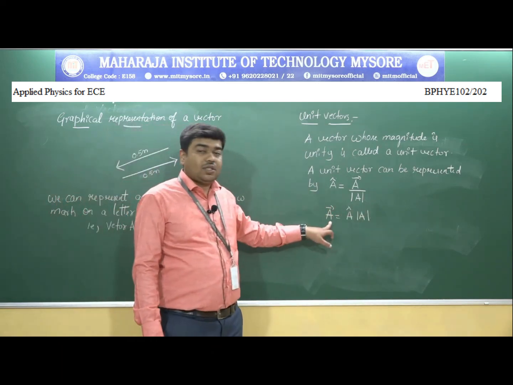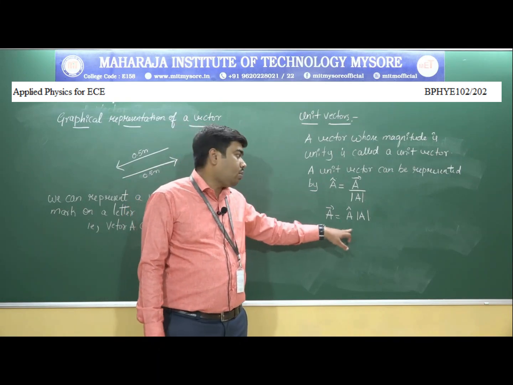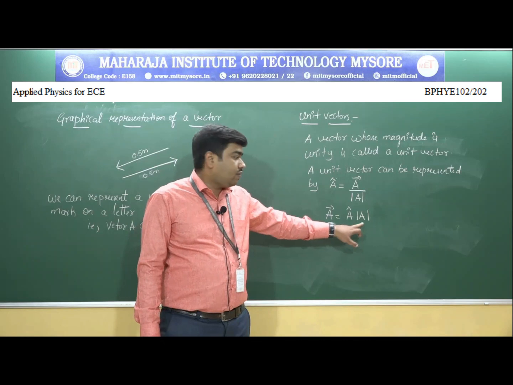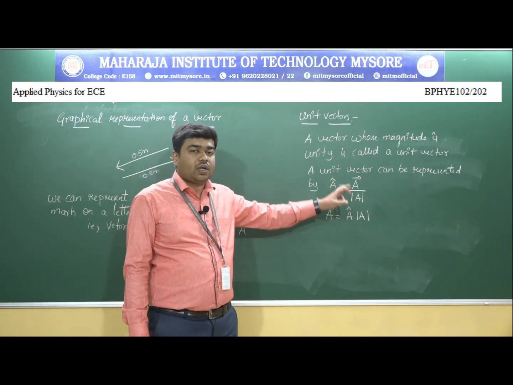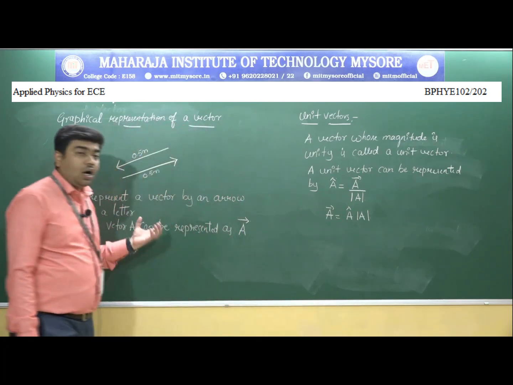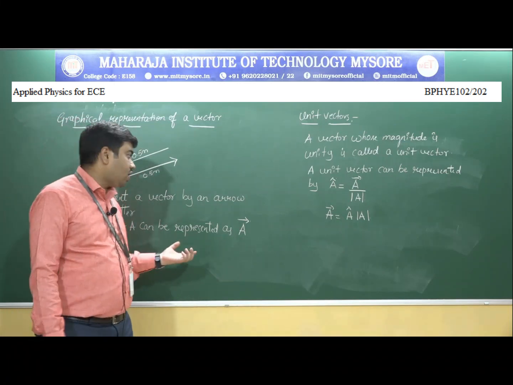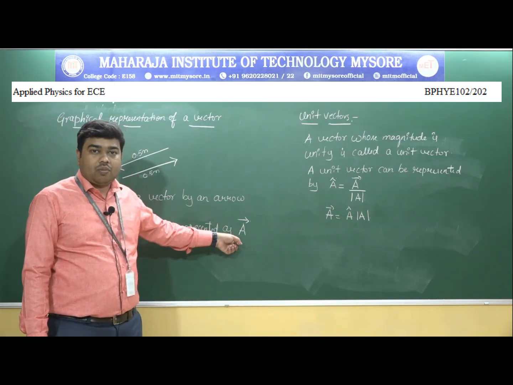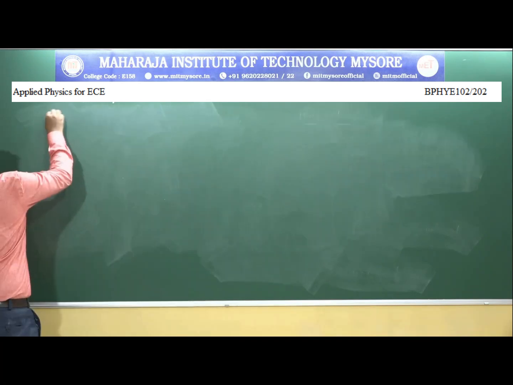Any vector which is a unit vector can be represented by vector A equal to A cap into magnitude of A, or a unit vector A cap is equal to vector A divided by magnitude of A. So, this is regarding how a vector can be graphically represented, how a vector can be mathematically represented, and then the definition of a unit vector.